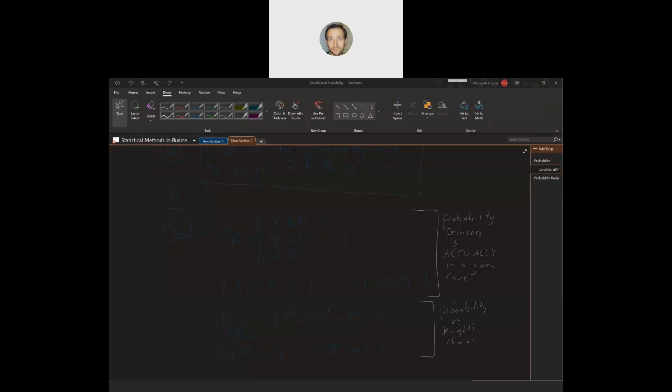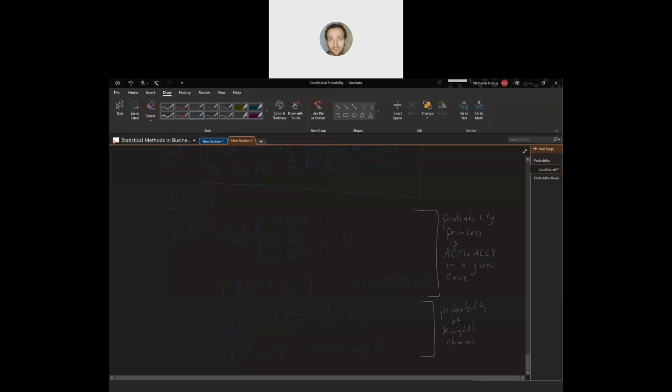This is the one event where the princess is in the first cave and the dragons are in the other 2. I guess I should put commas here. Here I'm not putting the parentheses, although you could. That's fine as well. I just don't want people to get lost on the notation. I'll keep it like this because I think it looks cleaner.